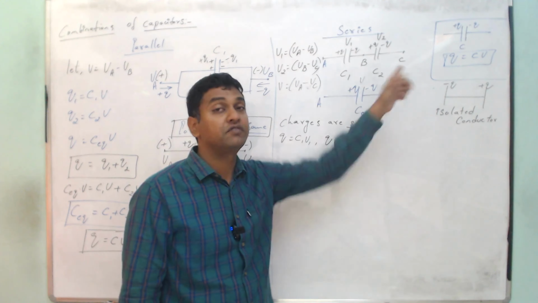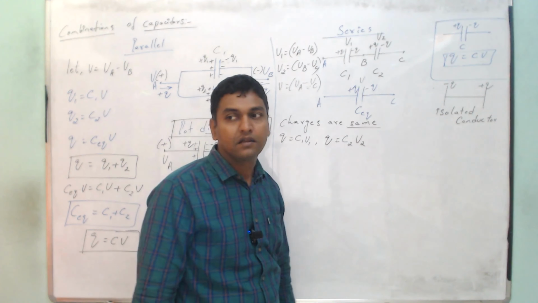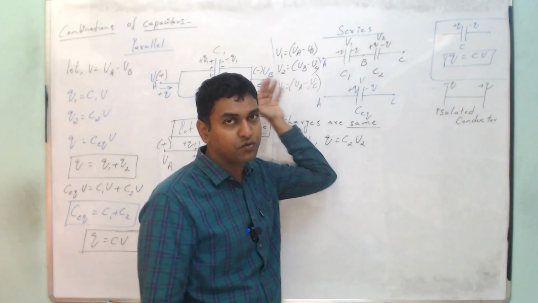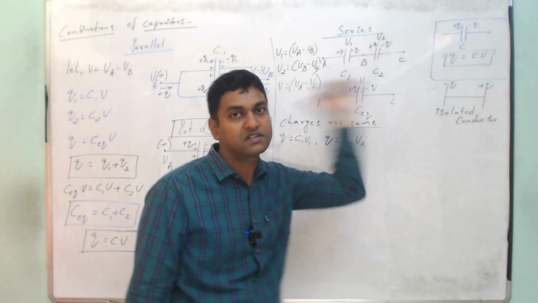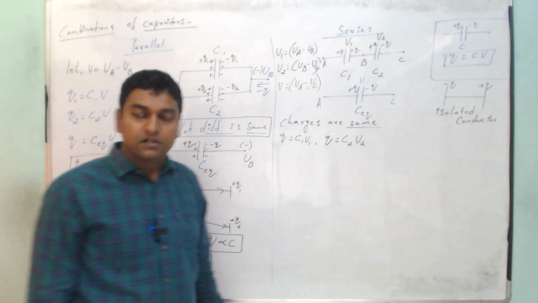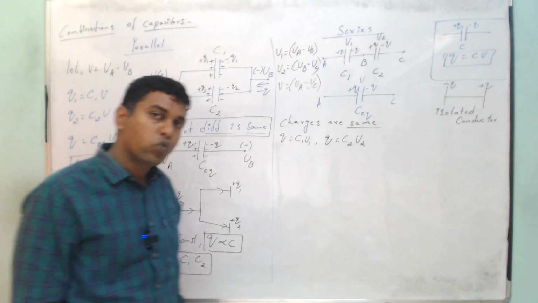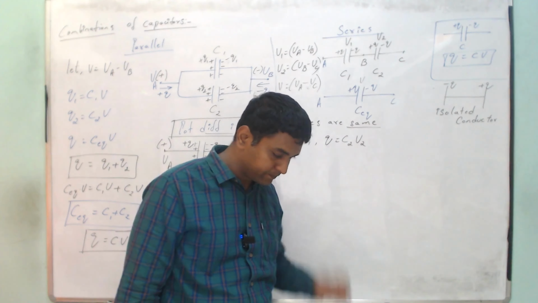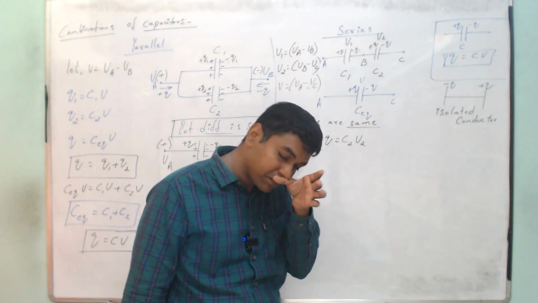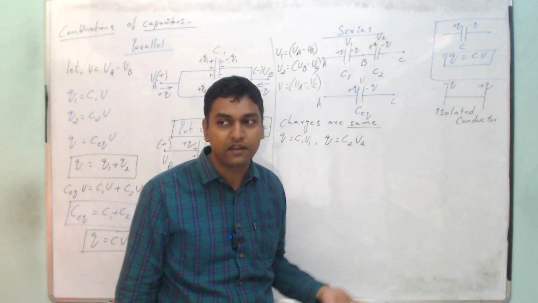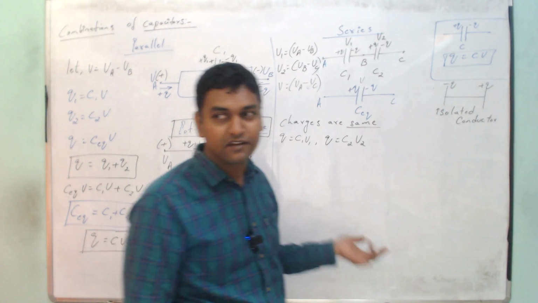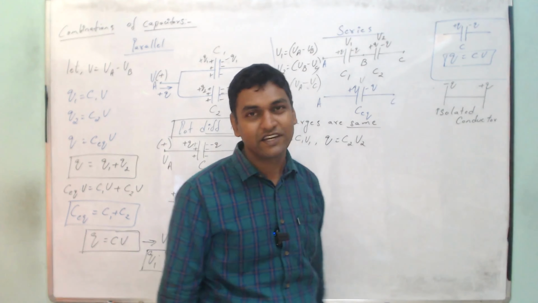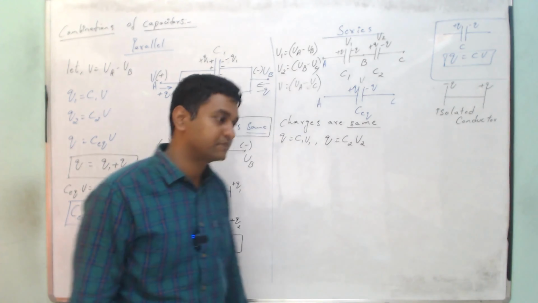It is necessary for VB to be less than VA. The important thing is A is higher potential, B is lower potential. Therefore, positive charges are going in that direction and negative charges are coming in this direction. So from B, positive and negative are getting split. Positive and negative are distributing themselves.